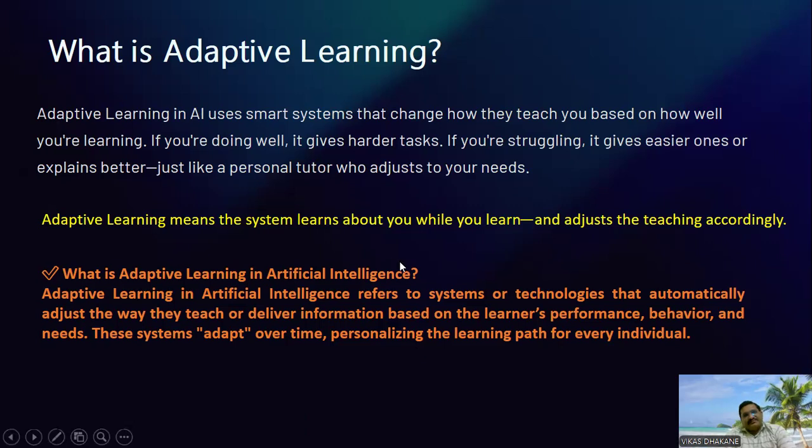So in short, adaptive learning means the system learns about the particular learner while that learner is learning and adjusts the teaching accordingly.